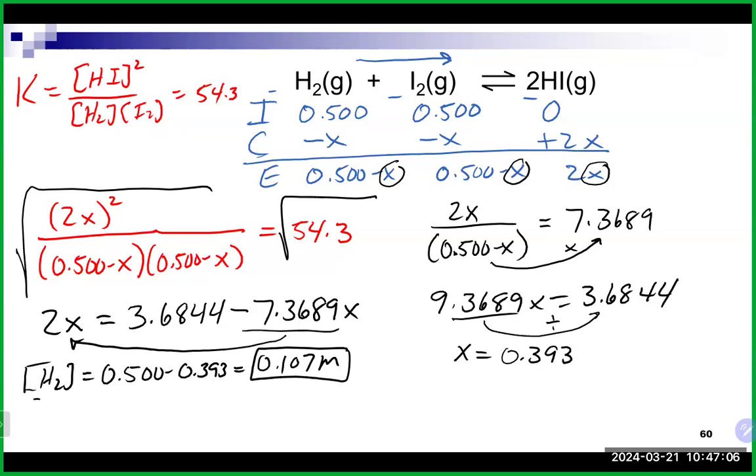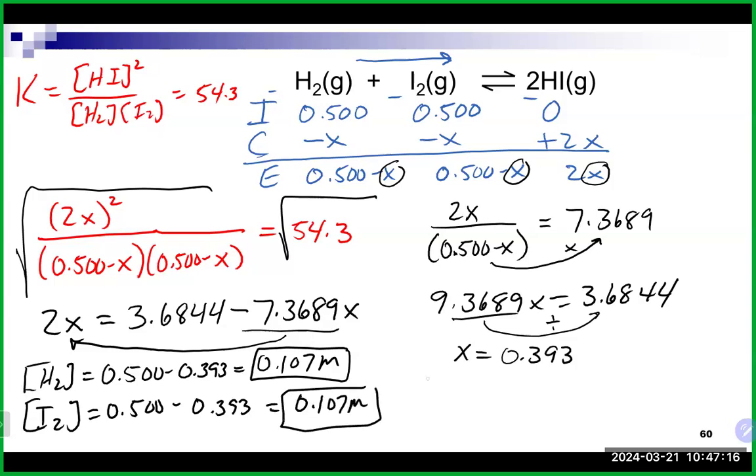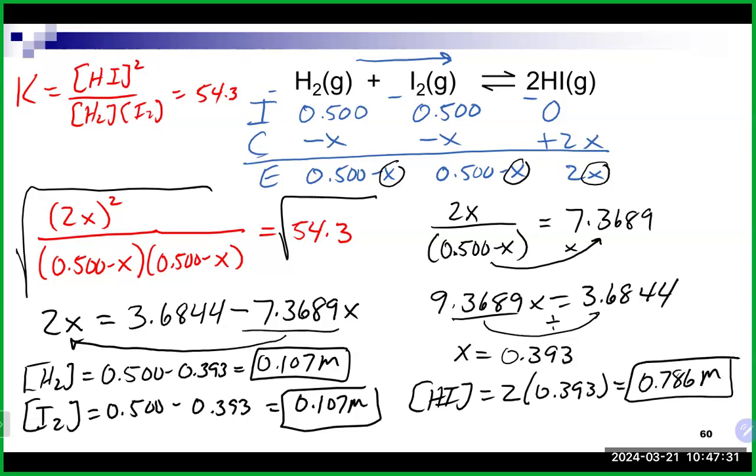For our I2, it's pretty much going to be the same thing: 0.5 minus 0.393 equals 0.107 molar. And lastly here, our HI at equilibrium will be 2 times x. So we'll multiply 0.393 times 2, which is 0.786 molar in this case. Any questions on that one there?